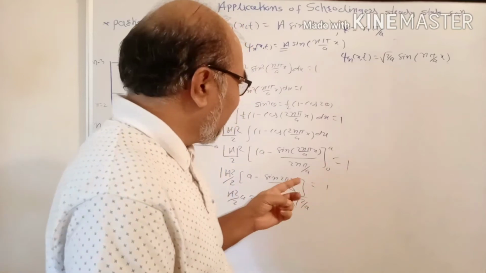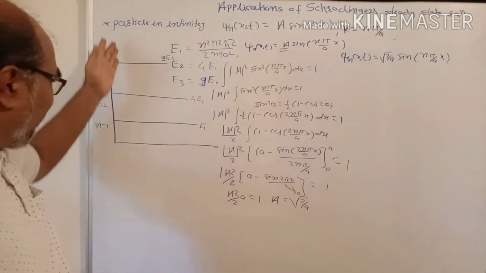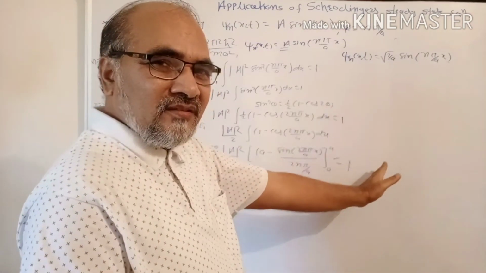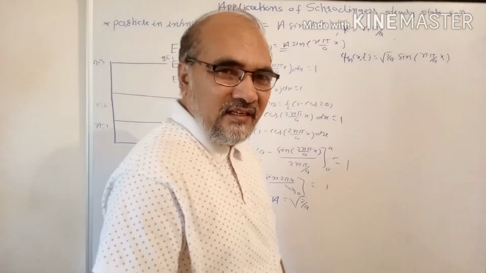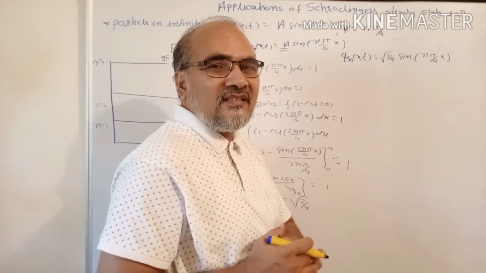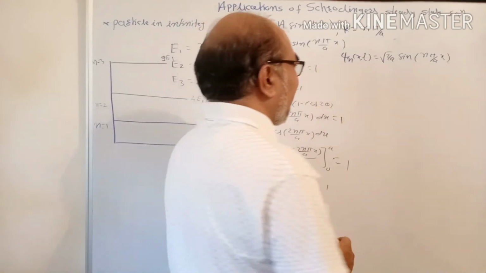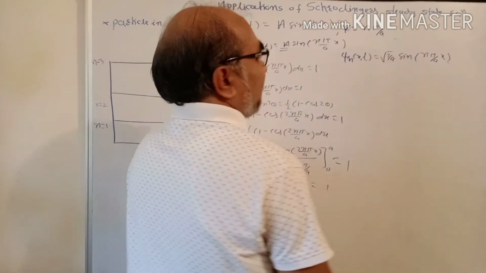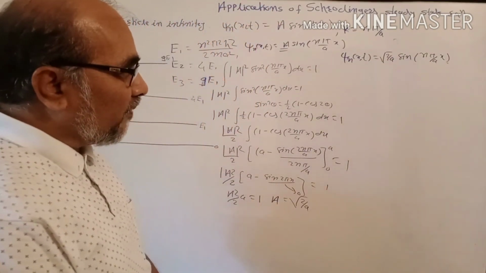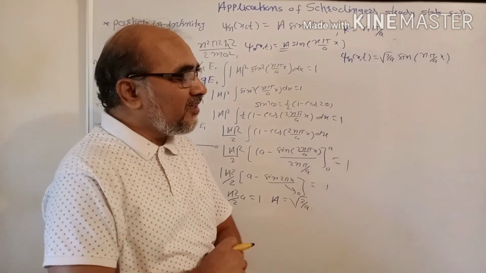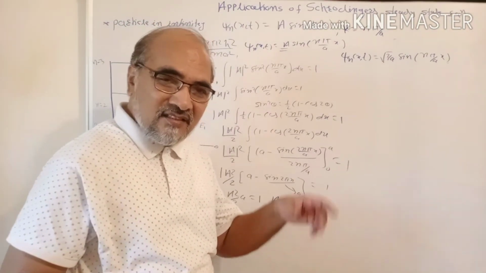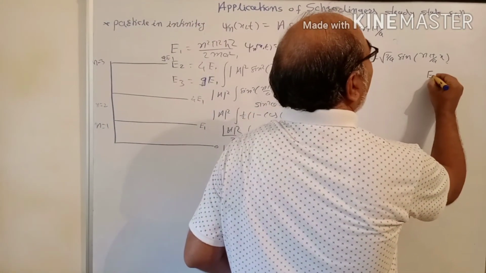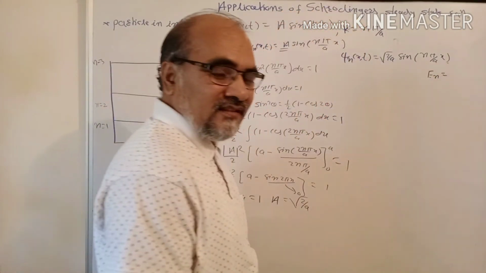Okay, just as we did for energy, the same we are going to find for the eigenfunction. So that is psi 1, psi 2, psi 3, like that. Psi n of x is root 2 by a sin n pi by a x, the wave function. The corresponding eigenenergy is En.